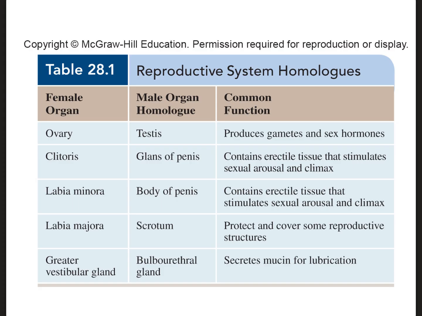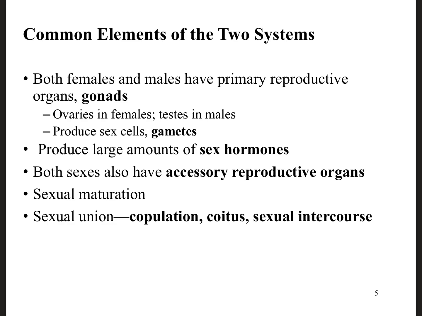And the greater vestibular gland and the bulbourethral gland secrete mucus for lubrication for sexual intercourse. So there are some similarities in there. Now you can identify several similarities between the male and female systems. Other common elements: gonads produce large amounts of sex hormones. And what sex hormones are we mostly talking about?